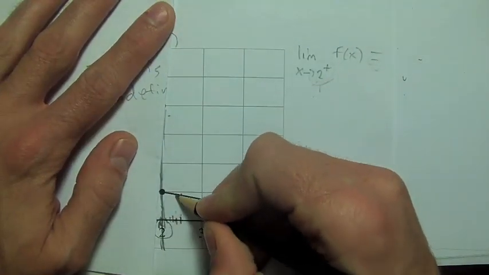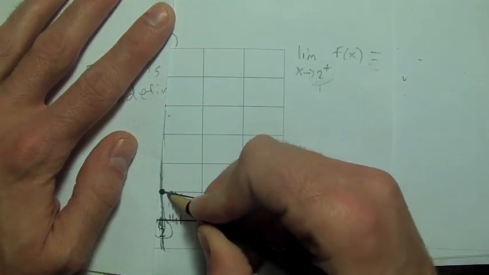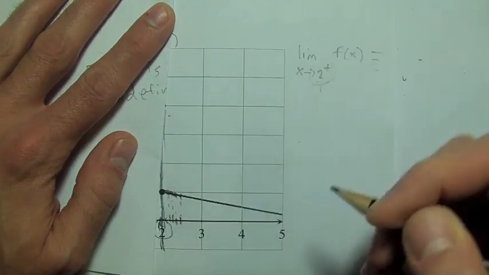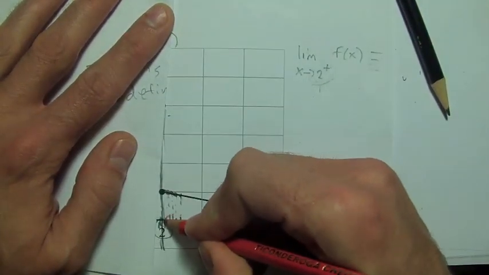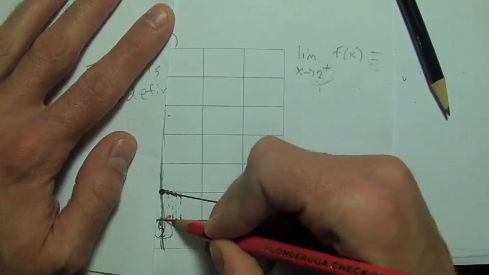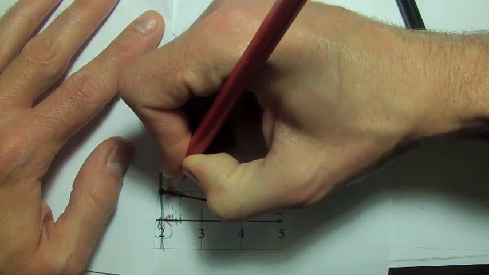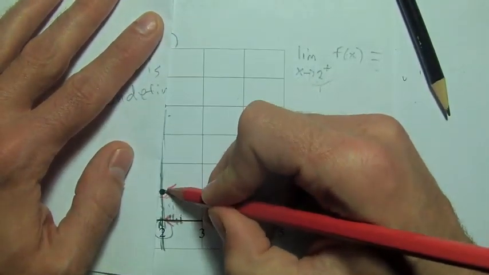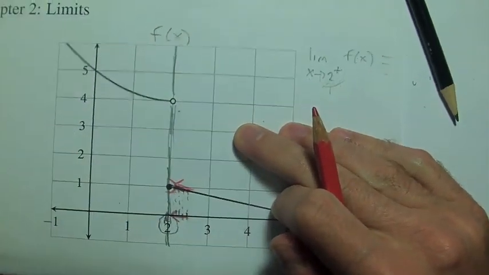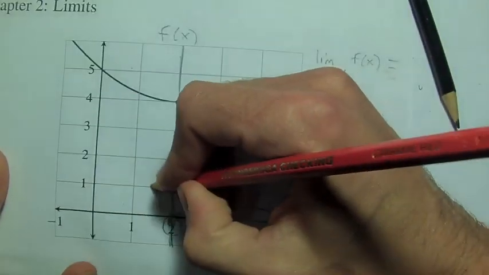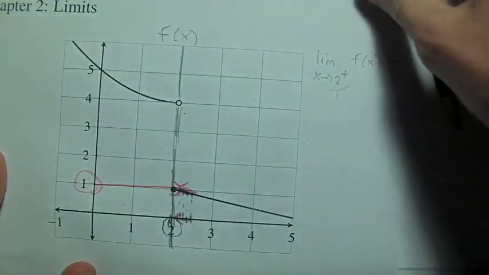Each little tick mark I made here corresponds with the point up here on the graph, and it looks like as x gets closer and closer to 2 from the right, these points on the function get closer and closer to this point right here, which is the y value 1.